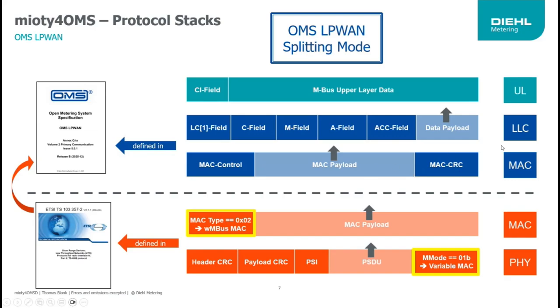And this is introducing a link layer, a logical link control layer that is very identical to the typical MBUS link layers, containing a C field, a control field, manufacturer and address fields, and an access counter field, and then last but not least, the data payload, which is in the upper layer. These are the typical MBUS coded data points for metering values. So this is OMS LPWAN splitting mode.